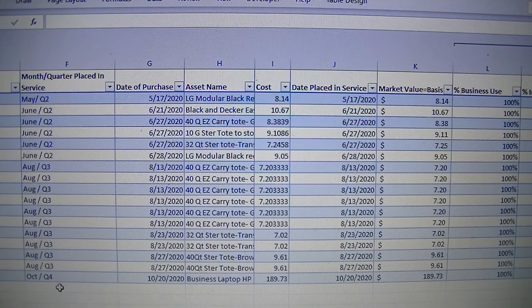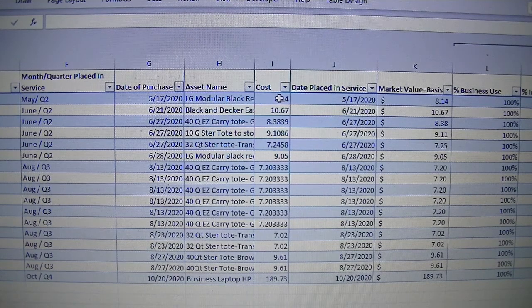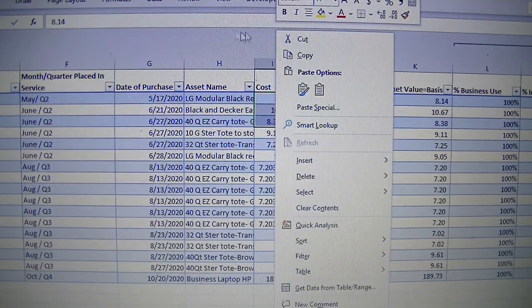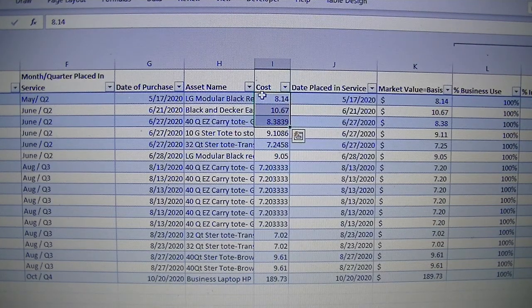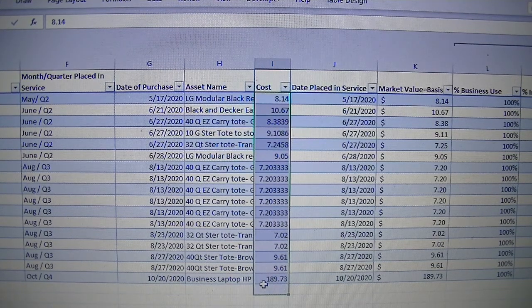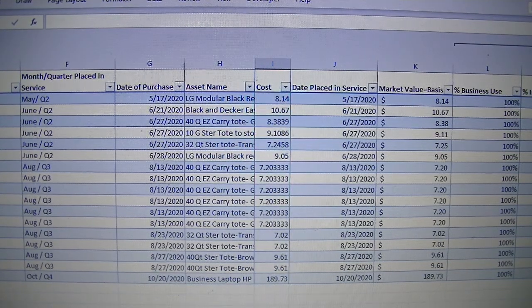So now you will look at the cost of every single one of the items, assuming they are 100% used in your business. You'll take a look at their cost. You total everything. And when we total everything, it is 318.